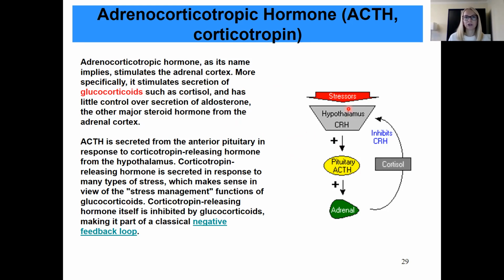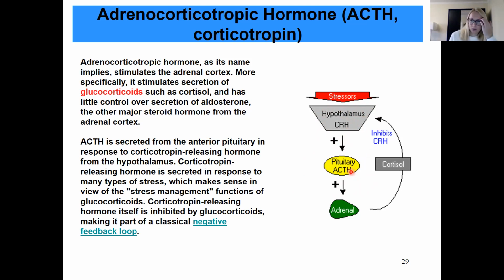So adrenocorticotropic hormone is secreted from the anterior pituitary in response to corticotropin releasing hormone from the hypothalamus. Corticotropin releasing hormone is secreted in response to many types of stress, which makes sense in view of the stress management functions of glucocorticoids.